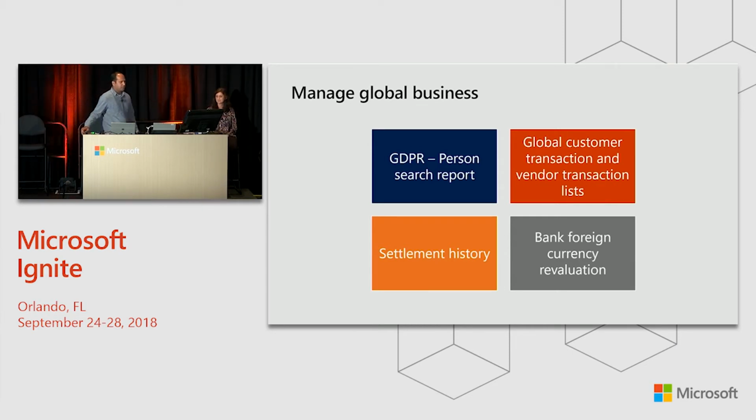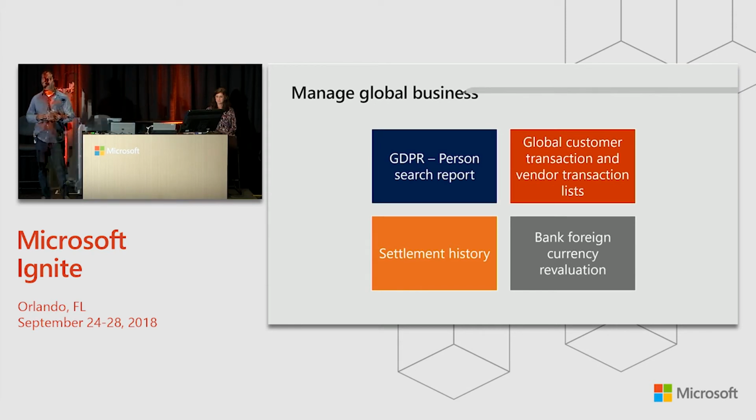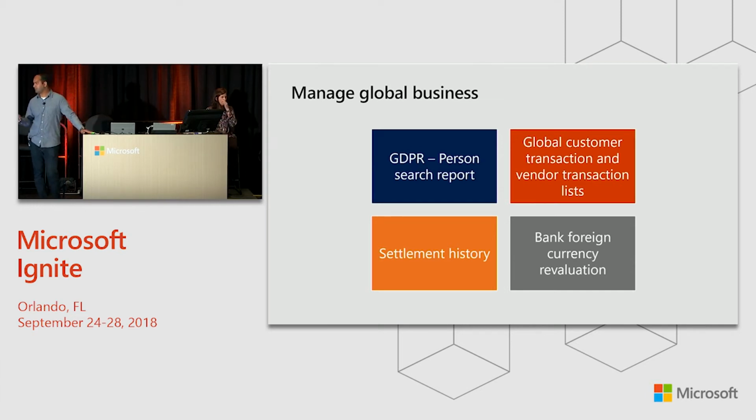So finance and operations has a global footprint, and that supports this global footprint. Last year, in the European Union, a new rule was introduced called GDPR. How many of you know what GDPR is? Almost all of you. So GDPR stands for General Data Protection Regulation.